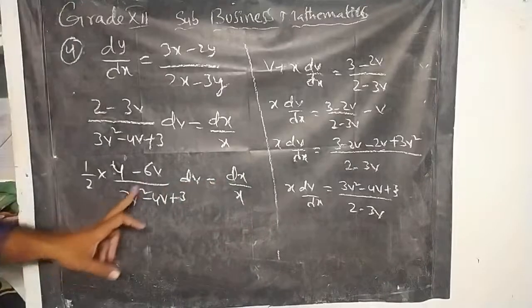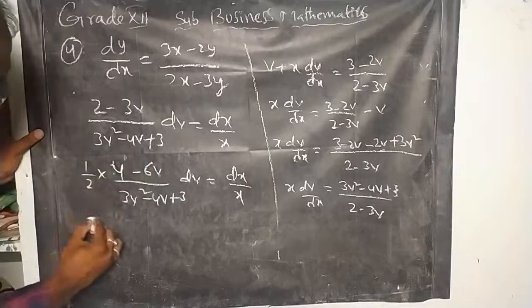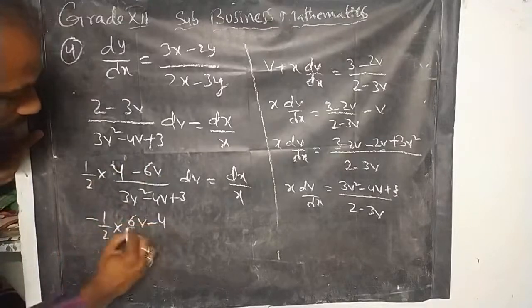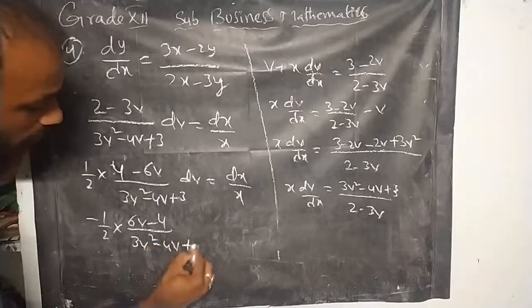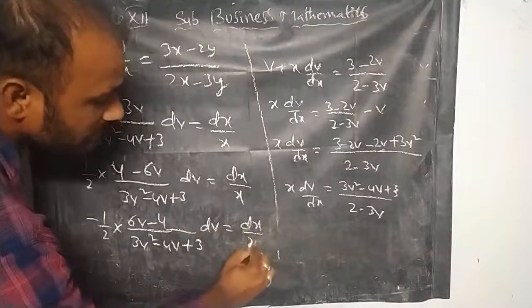Now here plus 6v, here minus 4, so alternate signs are there. Let me take minus common. If I take minus common, it will become 6v minus 4 by 3v square minus 4v plus 3 dv is equals to dx by x.